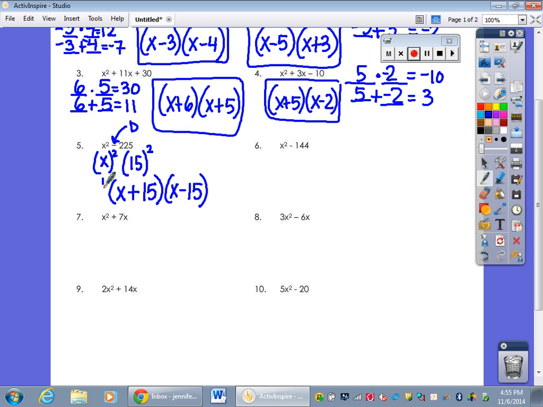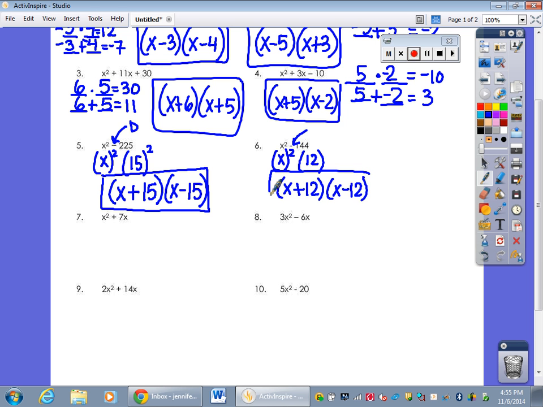So x plus 15 and x minus 15 would be our final answer. Here we squared x and we squared 12, and it's a difference. So it's going to be x plus 12 times x minus 12 as our final two binomials.